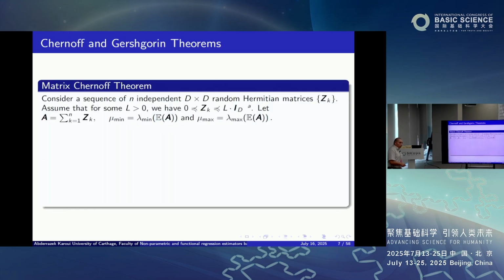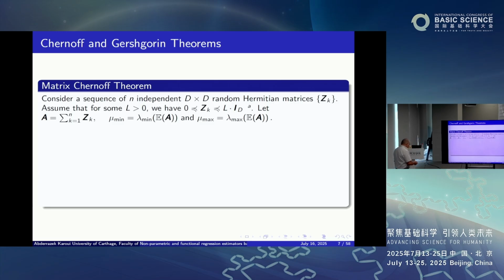Another interesting result we're going to use is about the spectral behavior of random matrices, Gram random matrices or kernel random matrices. It's important to get an idea about the behavior of the eigenvalues. There is a well-known matrix Chernoff theorem that provides an estimate of these eigenvalues.